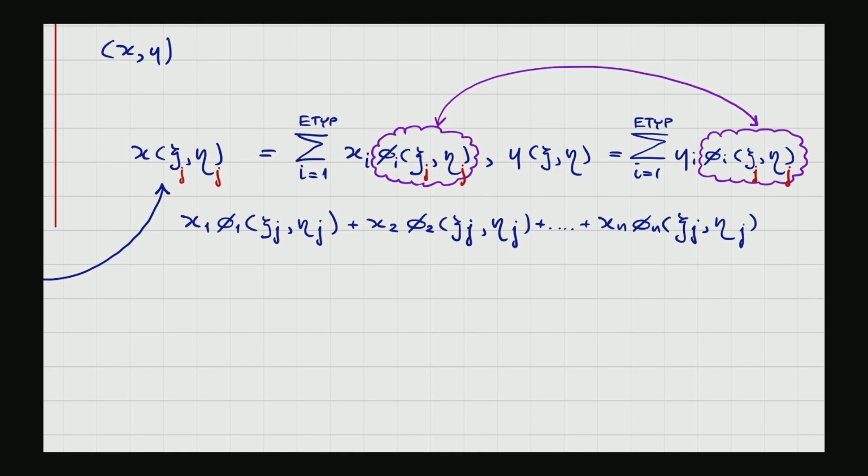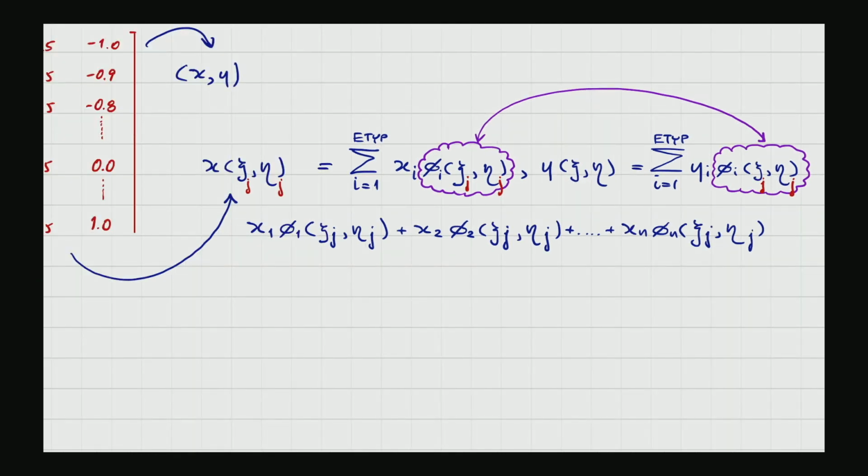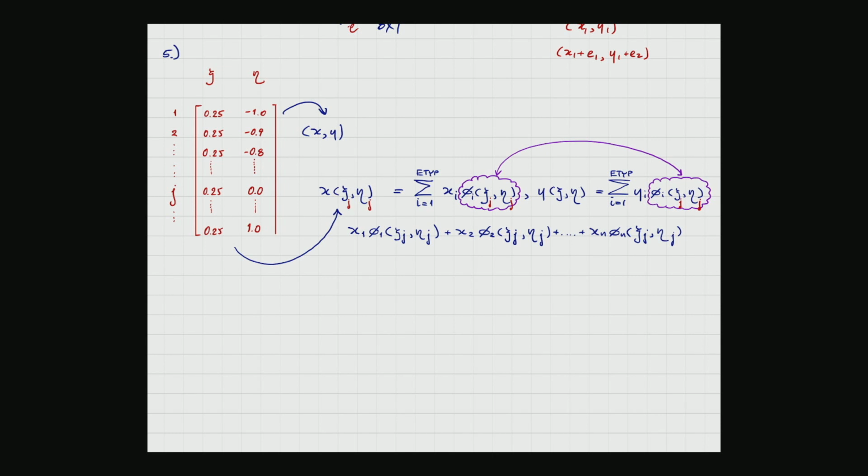So if you don't want to be, don't give up. If you don't understand, this is available on YouTube. Rewind and try to listen carefully, and then you will get why it works this way.